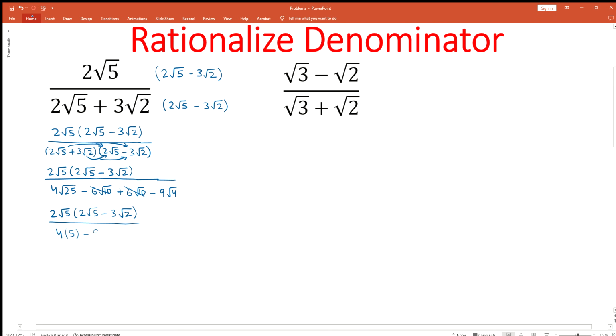Square root of 4 is 2. Next, we can cancel the 2's.